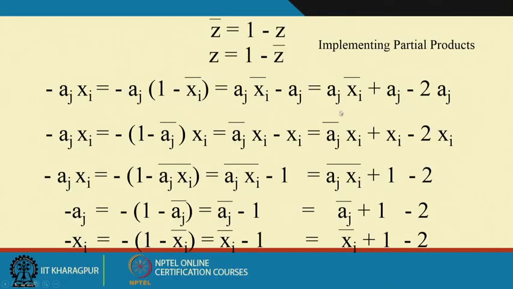If I take AJ common to everyone, it will be xi bar plus 1 minus 2. So, I can represent this number the same as whatever equation I have represented there. In this manner I can represent.